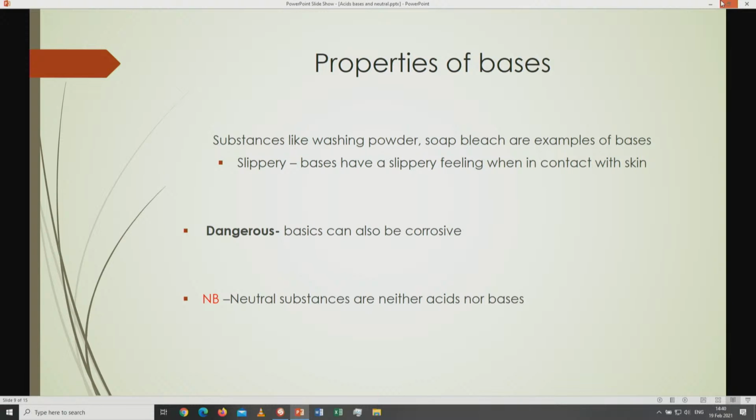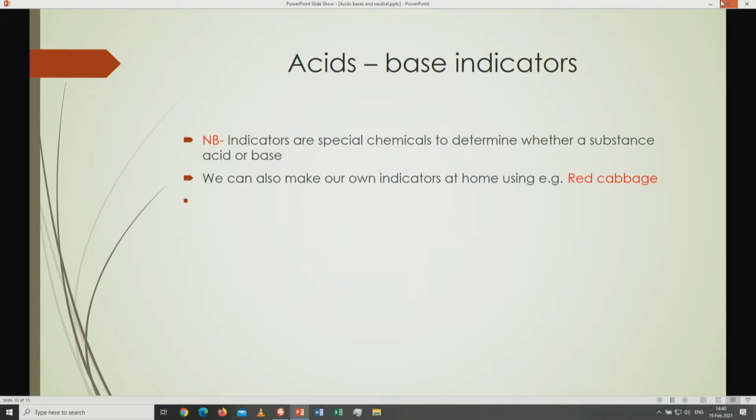And I said to you, please take note that neutral substances are neither acids nor bases. We got indicators. Indicators are special chemicals to determine whether a substance is an acid or a base.